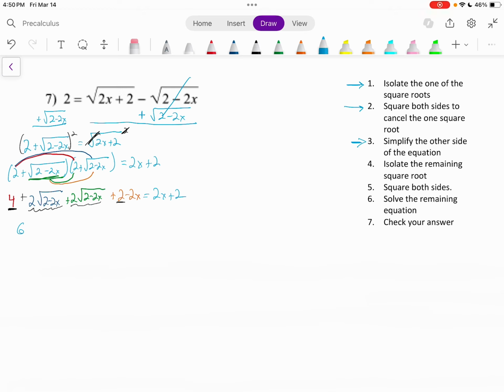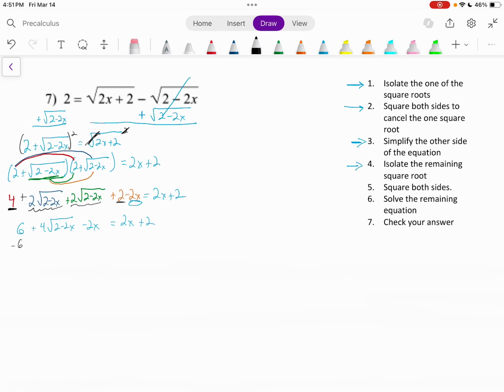That gives us plus 4 times the square root of 2 minus 2x. And then we have this minus 2x equals 2x plus 2. So we simplified both sides, and now we're going to isolate the remaining square root.